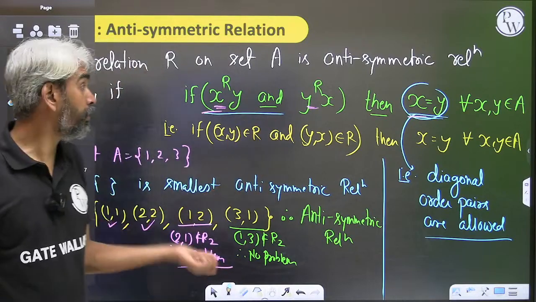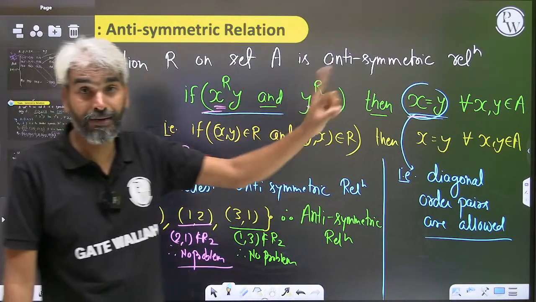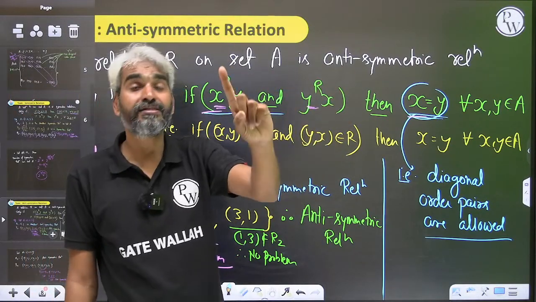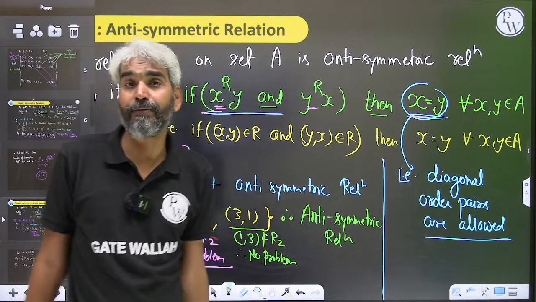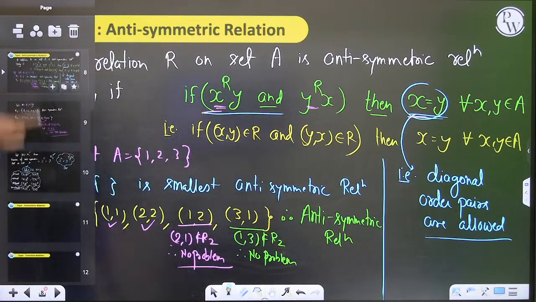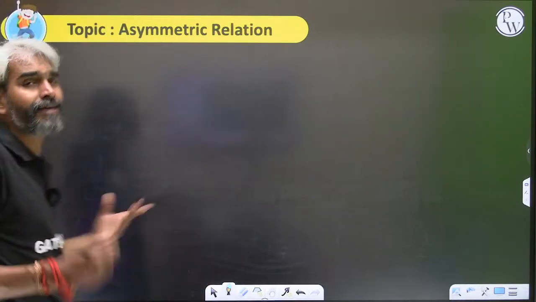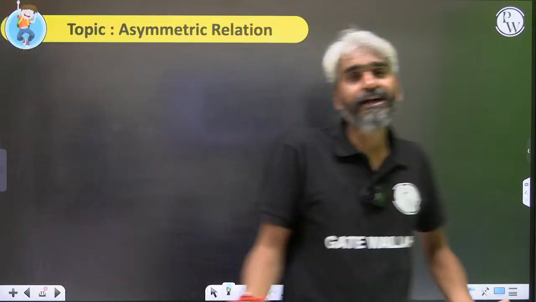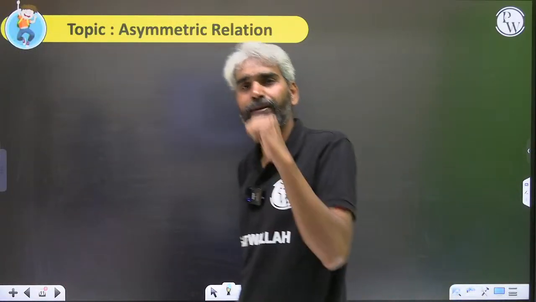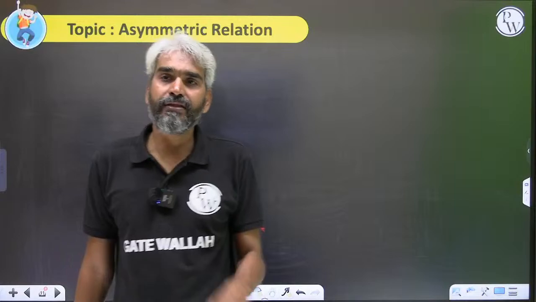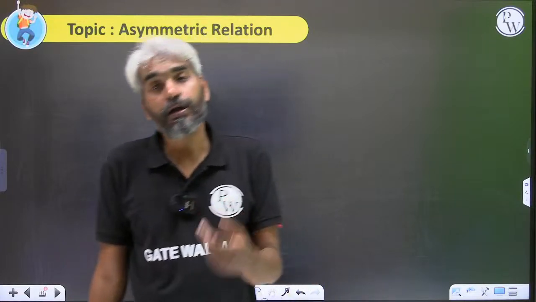But for non-diagonal ordered pairs, if x comma y is present, then y comma x should not be present. Then, what is asymmetric? Asymmetric is: if x comma y is present, then y comma x should not be present, no matter whether x equals y or not.